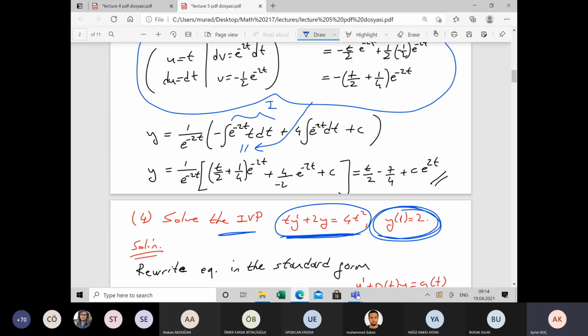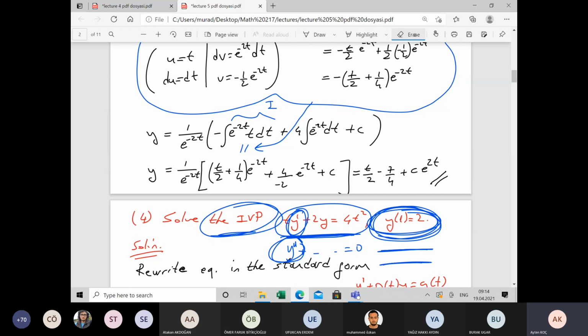If it were a second order differential equation, you would need two initial conditions. Here, for a first order equation, we have only one initial condition. Is it okay?